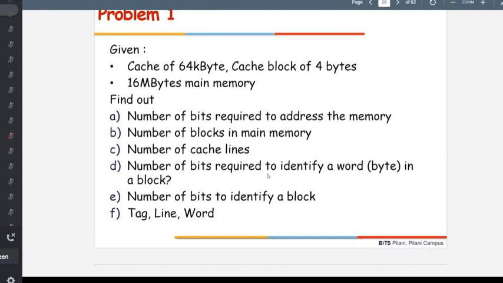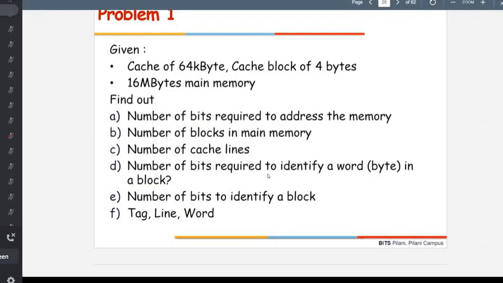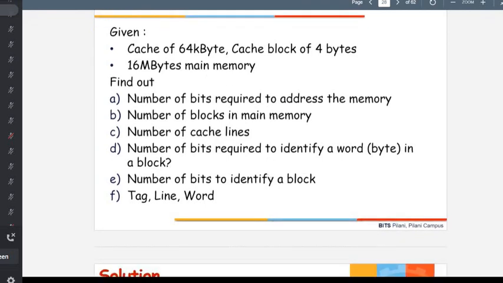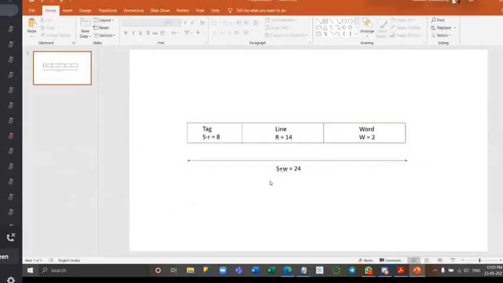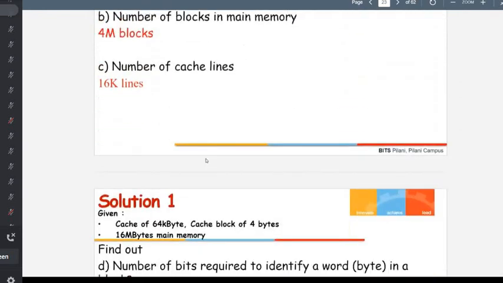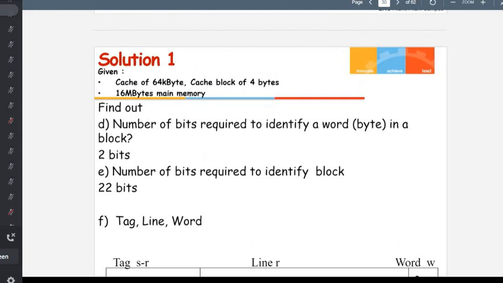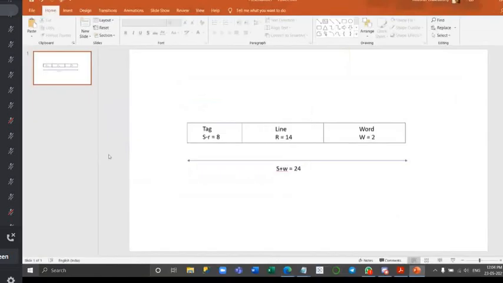To identify a block, we need tag plus line, so the word is excluded there. So we need 22 bits: 8 plus 14 is 22, tag plus line, to address the entire block. And we need 2 bits to identify a word.